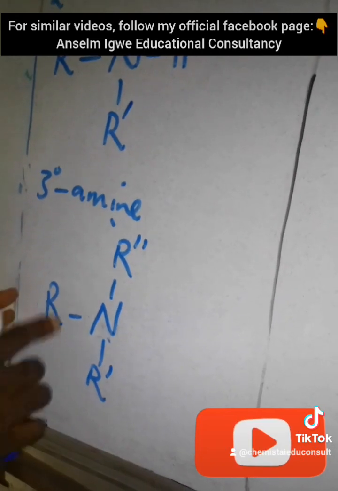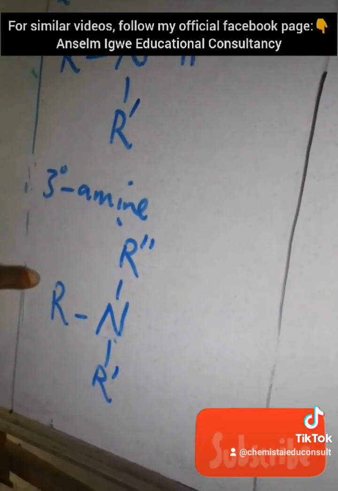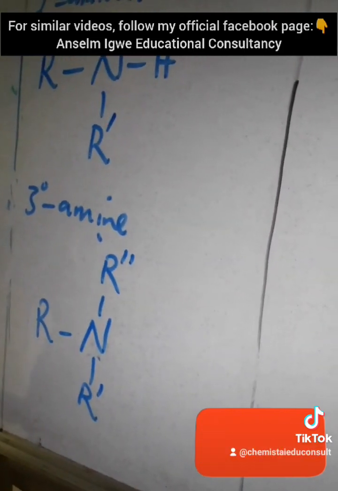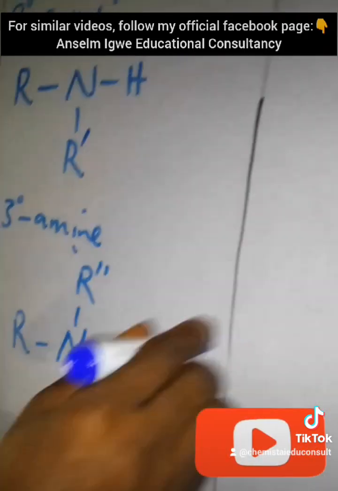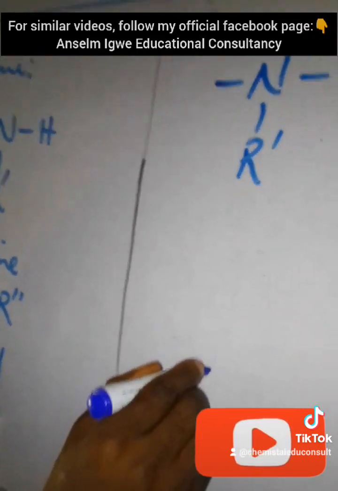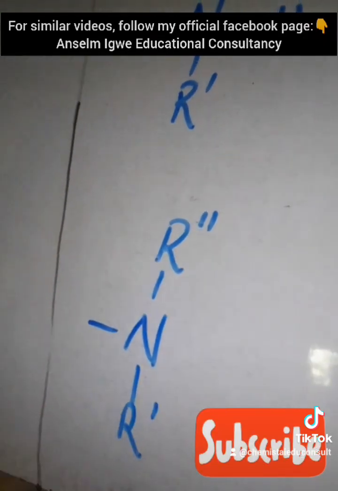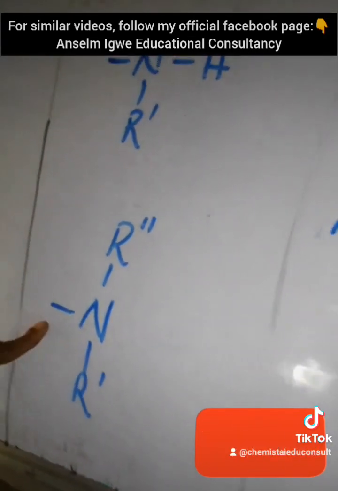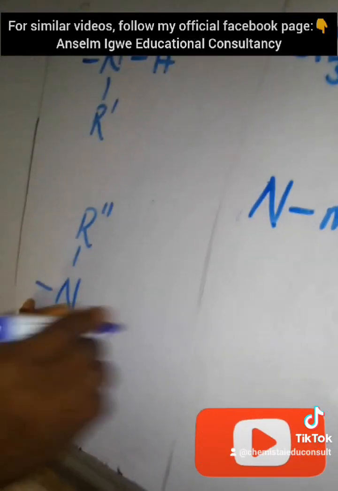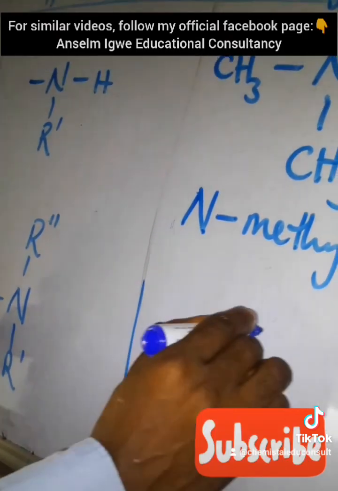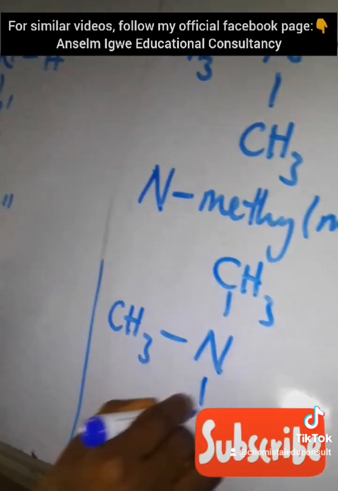So tertiary amine contains three alkyl groups, no hydrogen attached to the nitrogen atom. When you remove the main R, you have N, R prime prime, R prime. This is tertiary amine. Example, we replace all the R with CH3: CH3 to N, here CH3, here CH3.